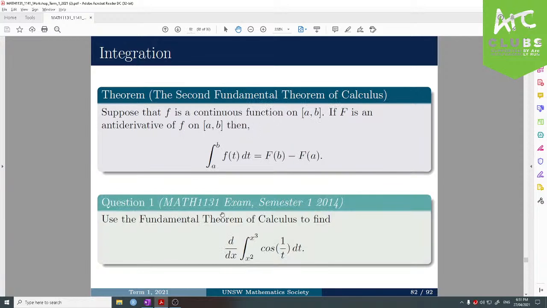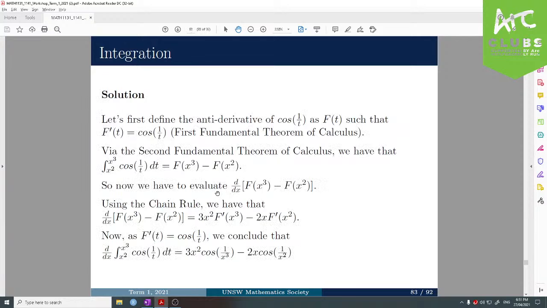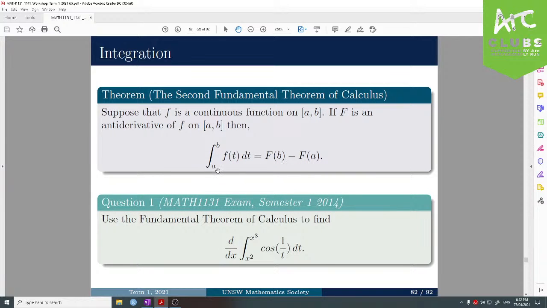This will be useful because then we can apply the second fundamental theorem of calculus, which required capital F to be defined. So the integral of cos(1/t) from x squared to x cubed will be equal to capital F of the upper bound x cubed minus capital F of the lower bound x squared, which is just the second fundamental theorem of calculus here.